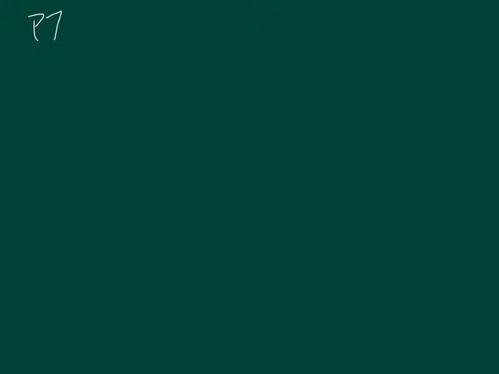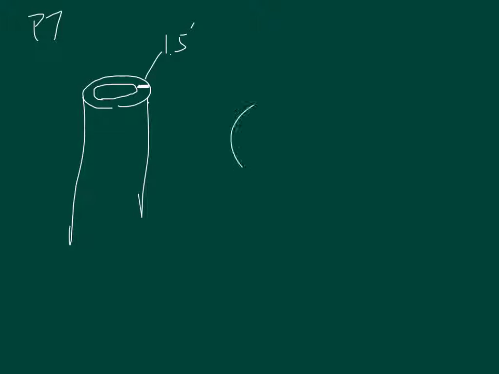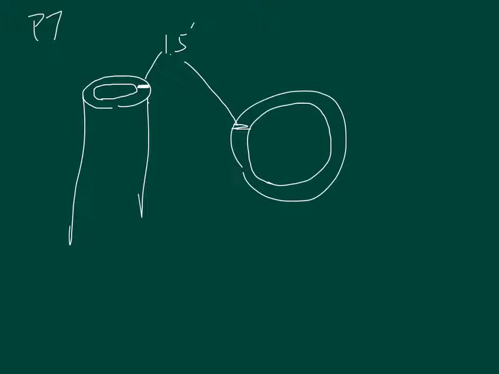And problem number 7. The factory in exercise 6 needs to install filters inside the chimneys. The filter completely fills the interior of each chimney. The thickness of each chimney wall is 1.5 feet. So if you look at that from the top, it'll be like that.